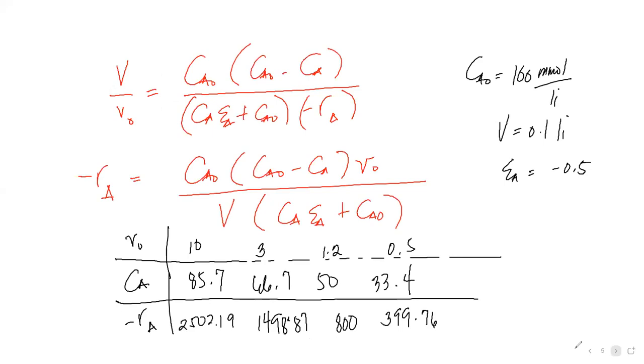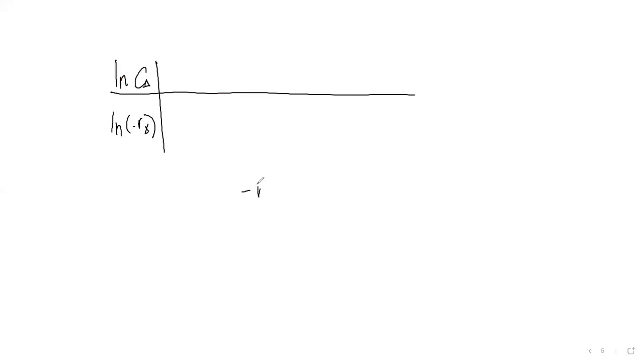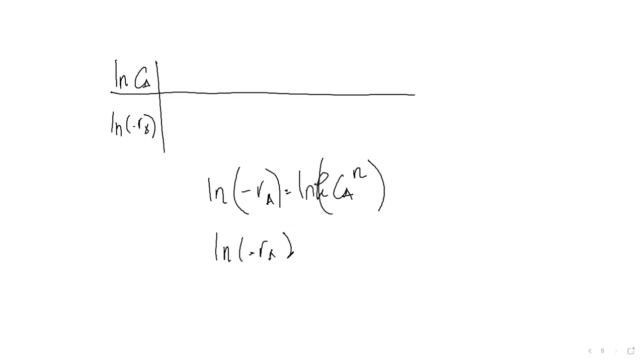If you do that, it's like having the rate equal to K C sub A raised to N. As a review, we've discussed that we will get the ln of both sides of this equation. Then you will have the ln of the rate equated to the ln of K plus, since product means addition of ln's, n times the ln of CA, where this n in the exponent is the multiplier here.